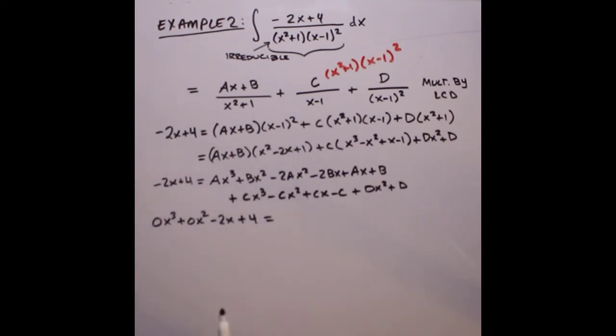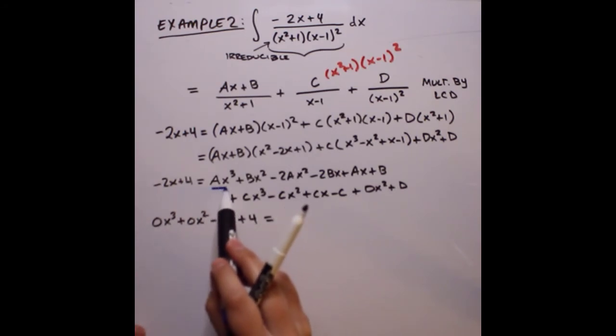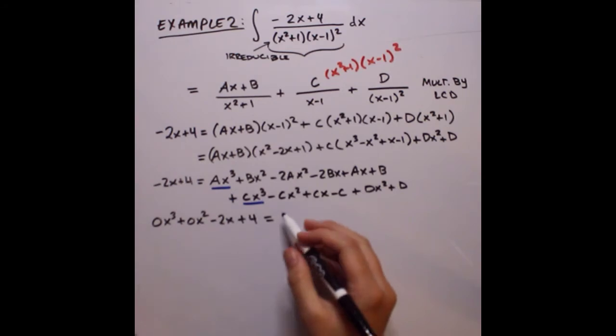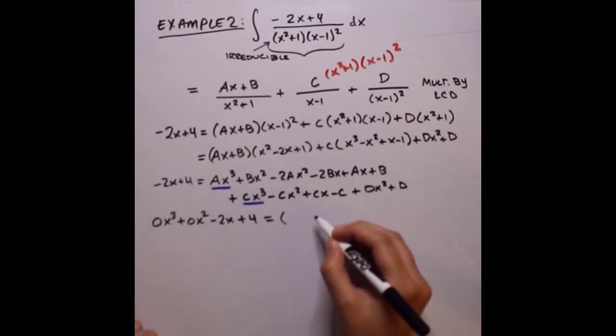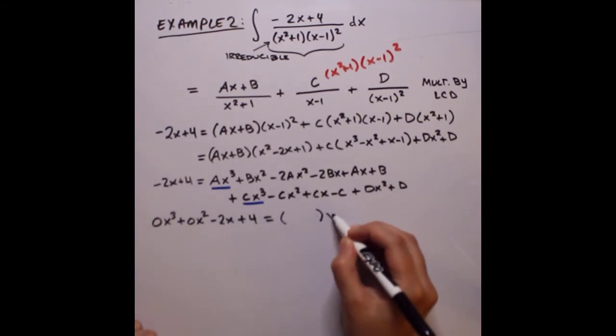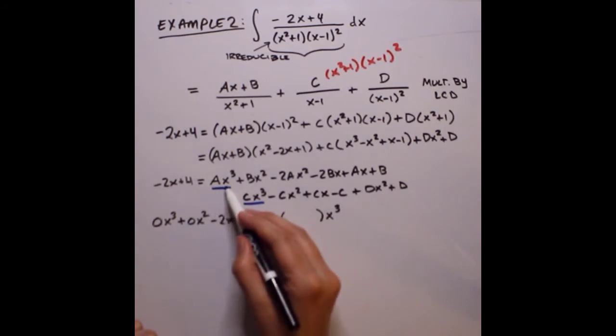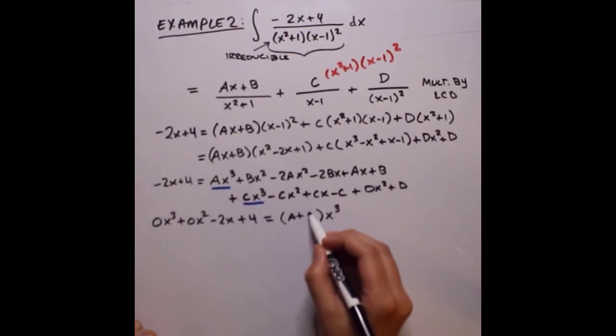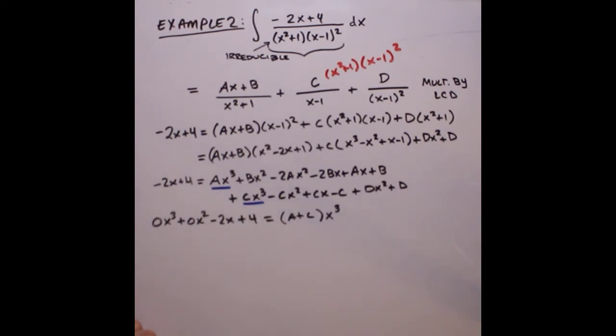And then I'm going to line that up with the right side. Okay, so let me color code so you can keep track. We have x cubes here and x cubes here. So I'm going to factor out the x cubed to the back of those terms. And we have a times x cubed, so plus c times x cubed, so a plus c is what we factor there, times x cubed, to get those two terms.